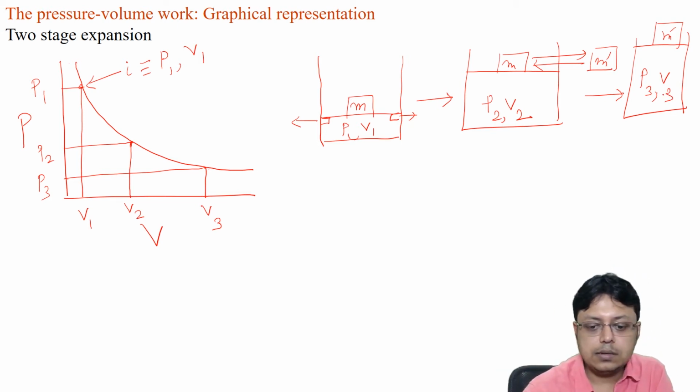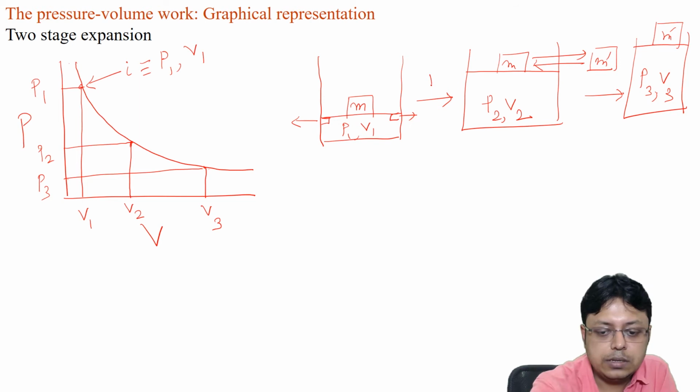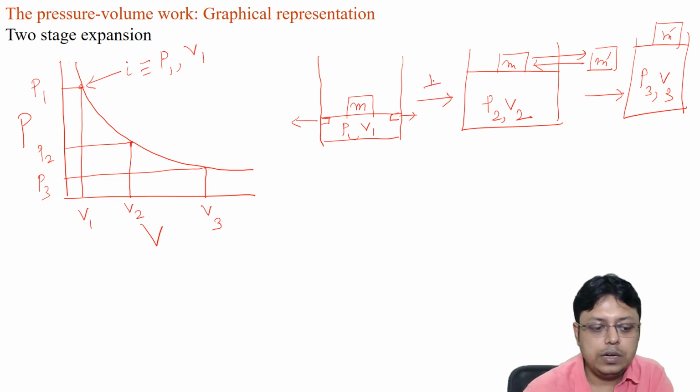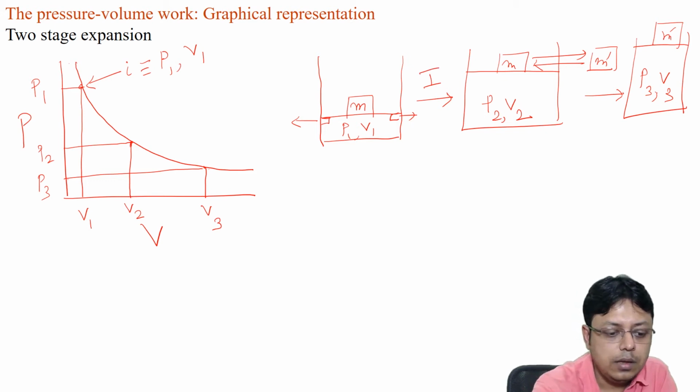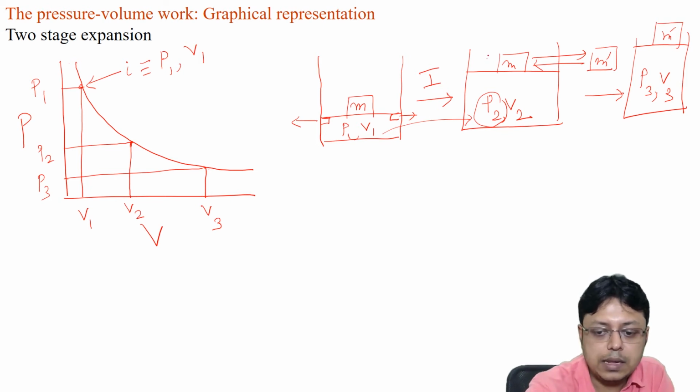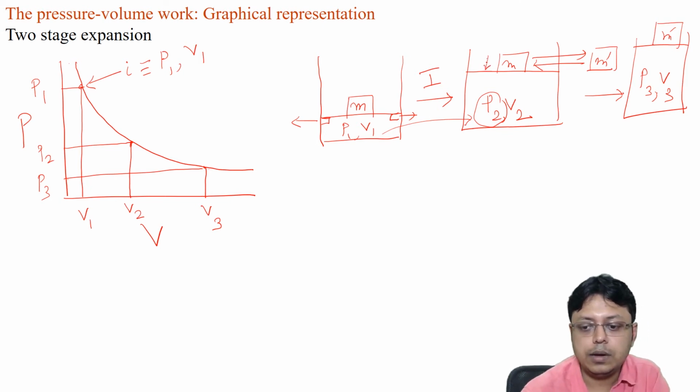Now in the first stage, step number 1, the external pressure was nothing but P2, because the pressure was reduced to P2, and that exactly balances the external pressure created by the first mass m.